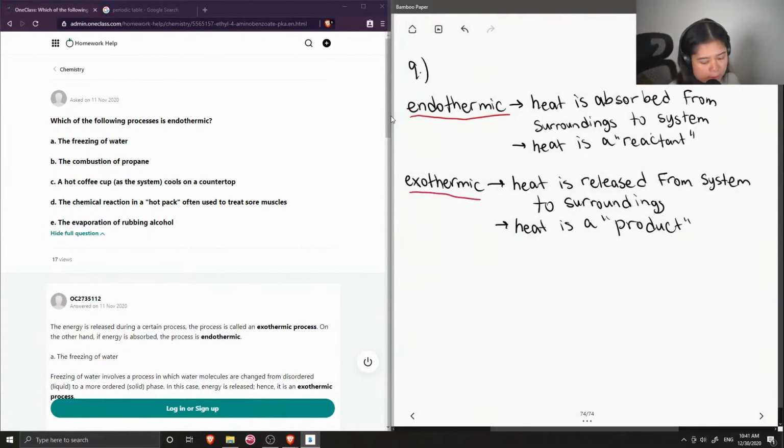Okay, so those are our two scenarios. Let's look at all the options they give us. Freezing of water. Okay, so when we freeze water, then that means heat is released.